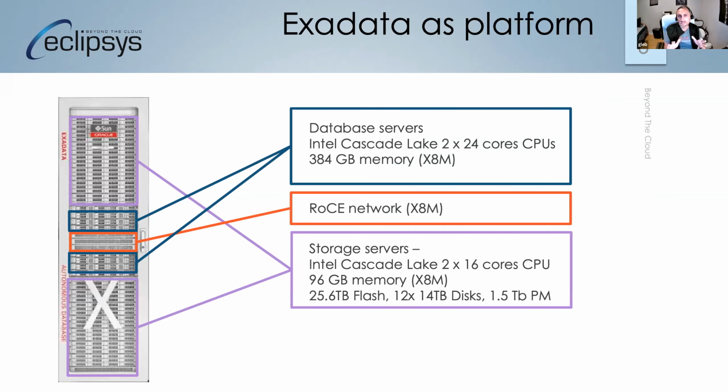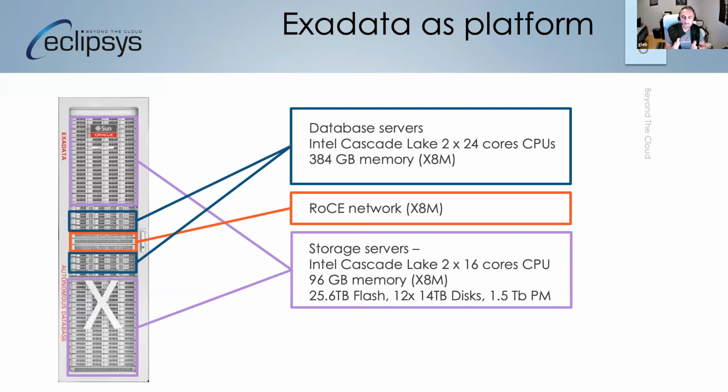Let's talk a little bit about the Exadata database platform as it is. If you are not familiar with Exadata, the Exadata machine is hardware created to run Oracle databases. That is probably the simplest explanation. Of course, it is sophisticated hardware and software working together.